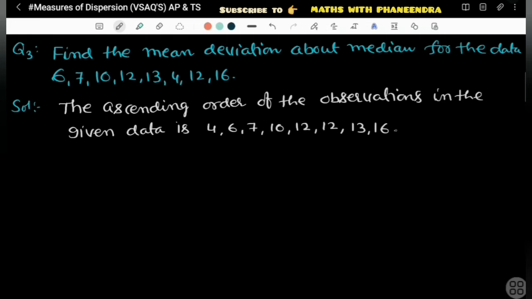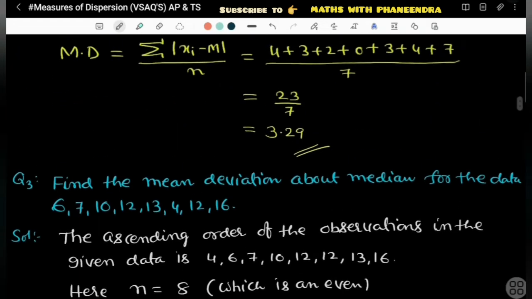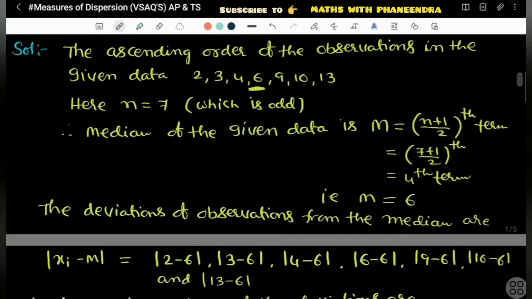After writing the ascending order, how many observations are there? Here the number of observations n is equal to 8, which is an even number. In the previous problem it was an odd number, and whenever it is odd, the median of the given data is M equal to the (n plus 1) by 2th term, as we wrote.